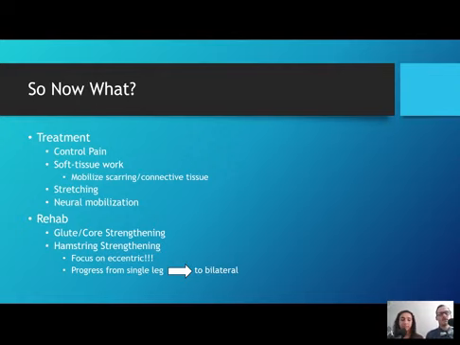And remember, like we were talking about with the Nordic hamstring curl, it's definitely recommended to start single leg. We already know that after injury, you're going to see a bilateral difference. One leg's going to have less activation, one leg's going to be weaker than the other. So if we're doing bilateral exercises at first, you might be widening the gap, or you might not be changing that gap in asymmetry.